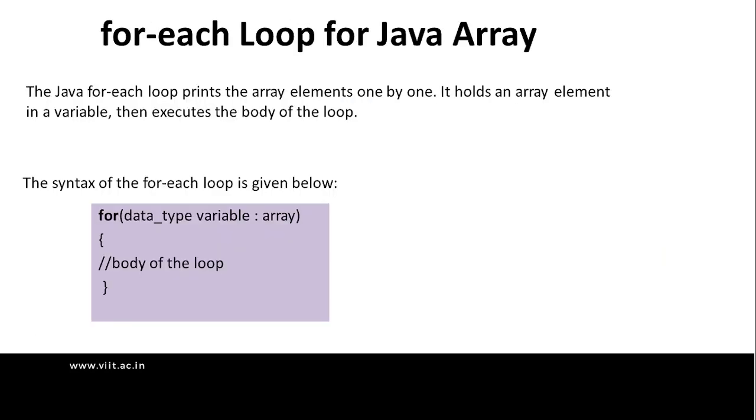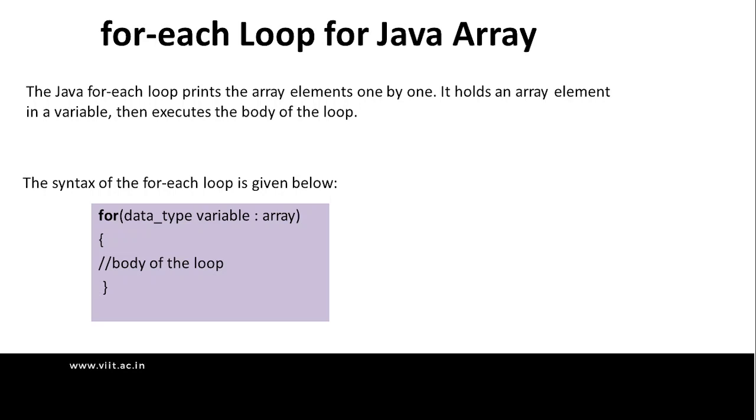For each loop for an array: the Java for each loop prints the array's elements one by one. It holds an array element in a variable, then executes the body of the loop. The syntax of the for each loop is given below: for data type variable colon array.